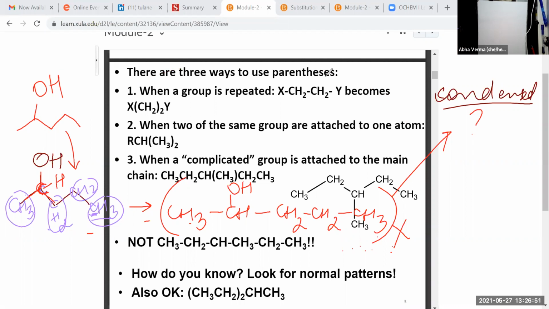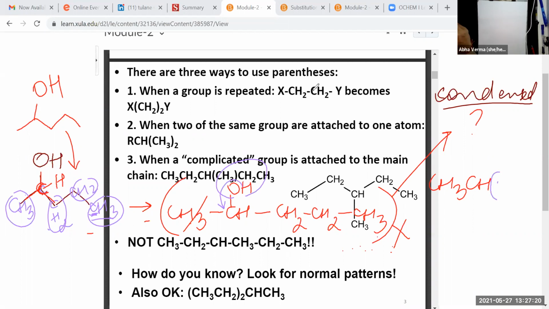Anyone willing to give me the answer for my condensed structure? No, not yet. Okay, let me show you. So I'm going to write my CH3 first, and then I will write my CH. So remember, the OH is attached to this carbon.